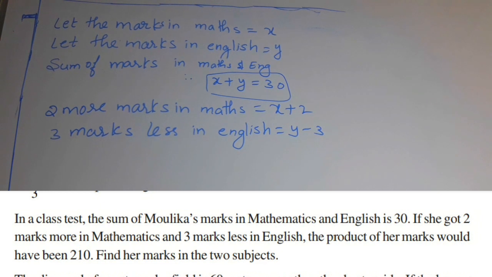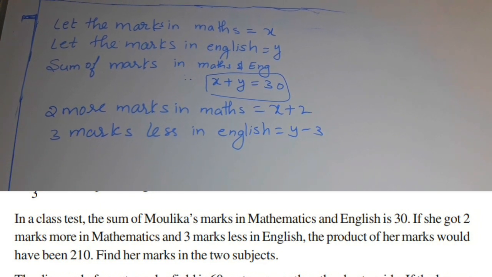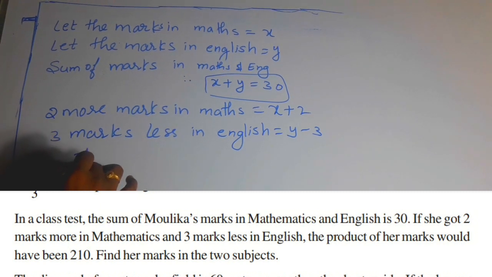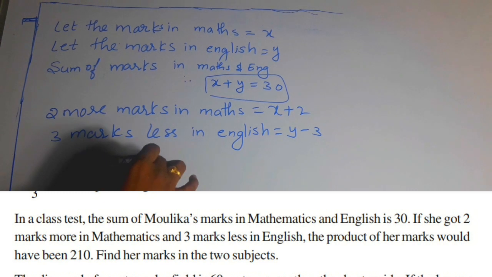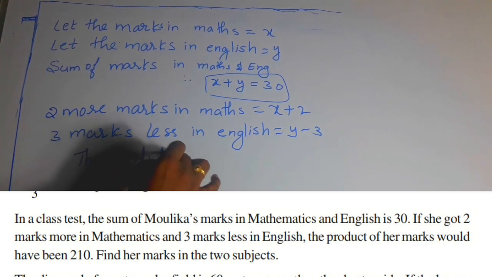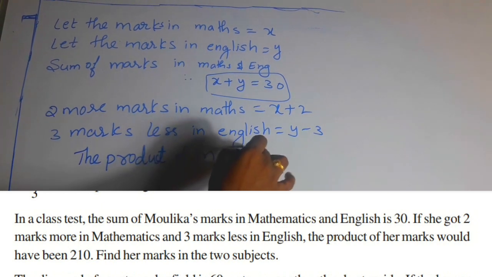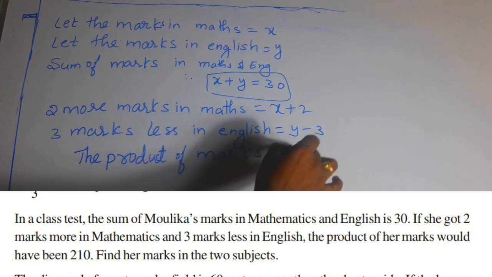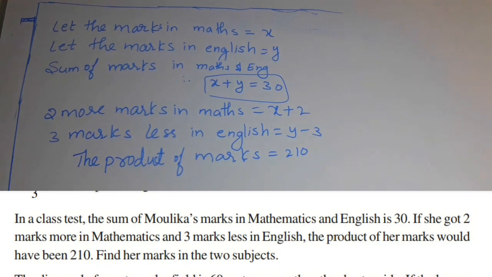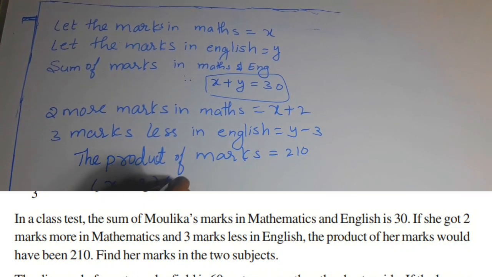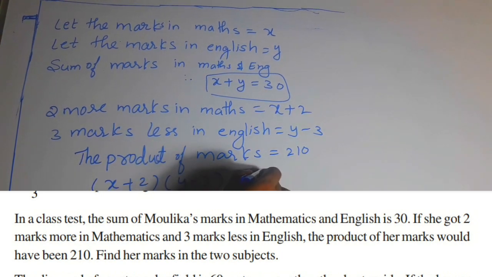So the product of these 2 marks is equal to 210. So that is x plus 2 into y minus 3 is equal to 210.